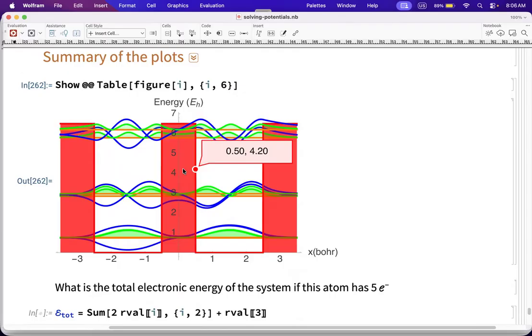They are practically localized in either one atom or the other. The higher the energy, the wave functions start to be less localized. So these electrons are in fact tunneling. Here the tunneling is very, very small, negligible, but here it is very high. So these are the ones that provide the stability of the chemical bond.